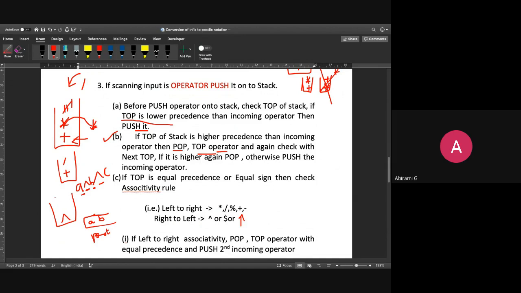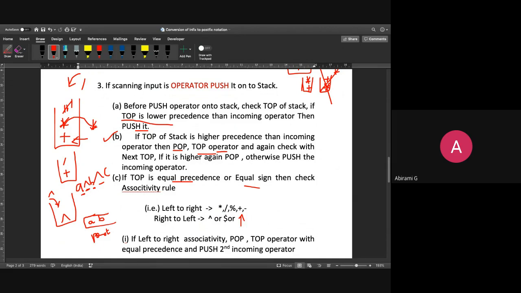Can we place the exponent operator here inside the stack? Now both are equal precedence. We need to check the top of the stack. The exponent on top of the stack has equal precedence. Both are equal. Then what do we have to check? We have to check the associativity rule. The associativity for star, slash, modulo, plus, minus is left to right, but for exponent it is right to left.